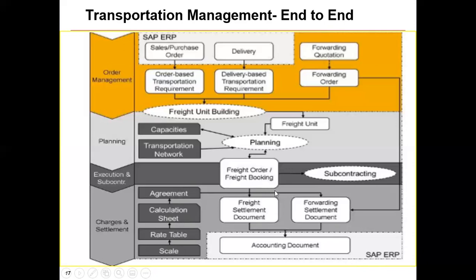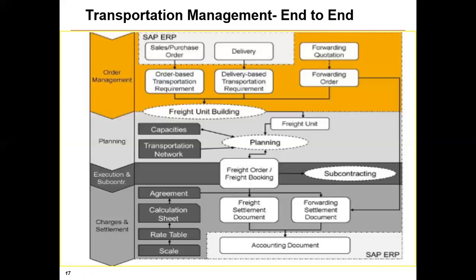And then we shall create the forwarding settlement document also. So we need to take care of two things. One is the freight settlement document, the other is the forwarding settlement document. Freight is useful for goods movements and forwarding for the tendering process.